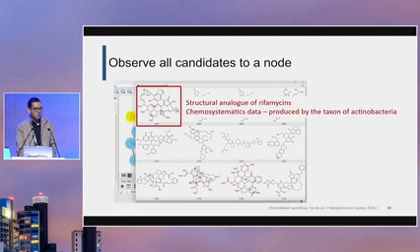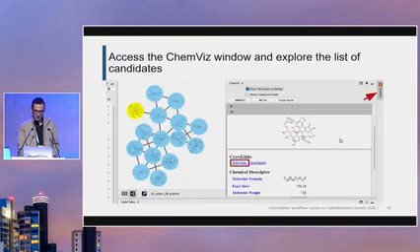And these structural analogs are in agreement with the chemosystematics data, since these analogs were produced by the taxon of actinobacteria that I'm working with, as I found in the literature.